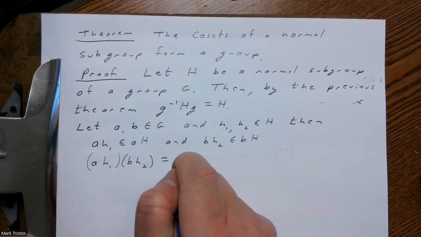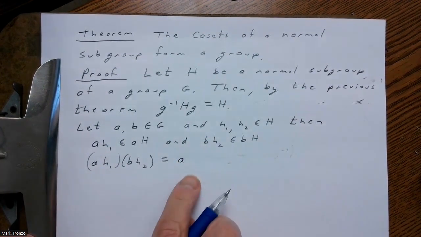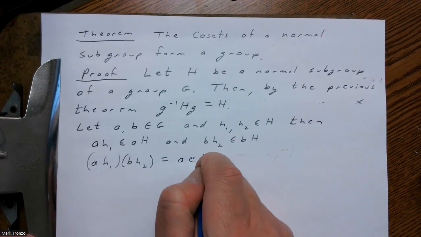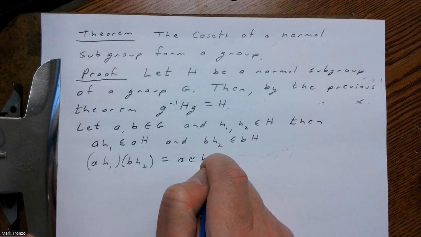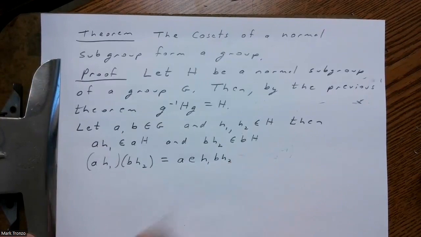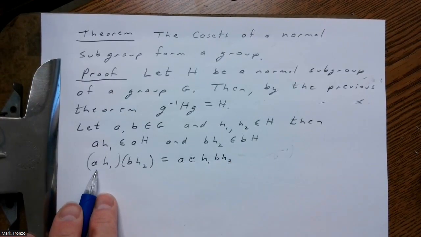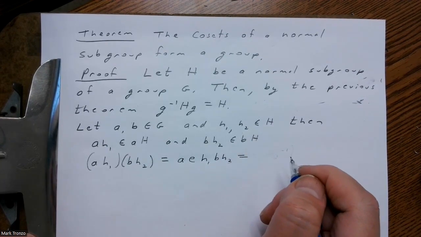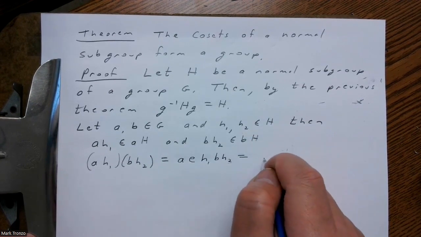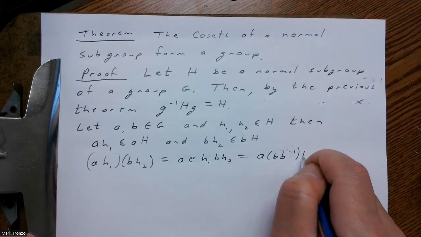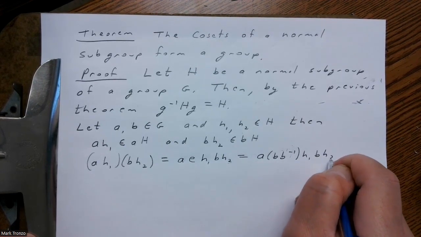I'm sorry, this was A. I wanted to put the identity between A and H1. Sorry, make this A H1 B H2. So I just threw the identity right in here. I think this is what we're going to end up wanting. And so then we can replace the identity here with B inverse H1 B H2.